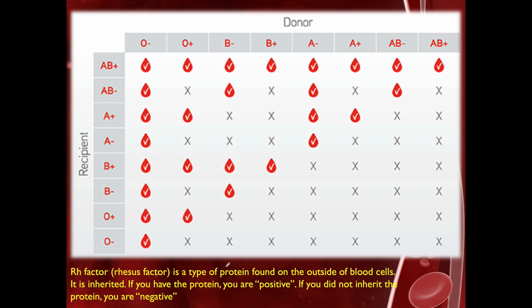You will inherit this or not inherit this based on your two parents. If you have this protein antigen on the outside of your blood cell, we are positive. We're Rh positive. If you do not inherit the protein, you are Rh negative. And that will also be part of your blood type as well.